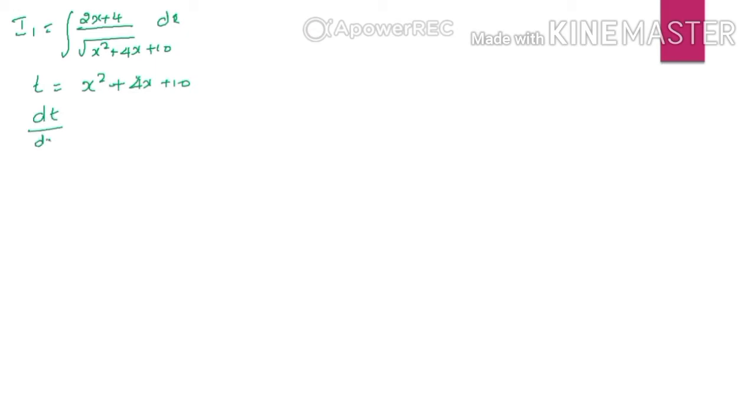So we have to find the value of I1. I1 equals integral (2x plus 4) divided by square root of x square plus 4x plus 10 into dx. Here if I differentiate the denominator, we get the numerator. So we write t is equal to x square plus 4x plus 10. So dt by dx is equal to 2x plus 4.